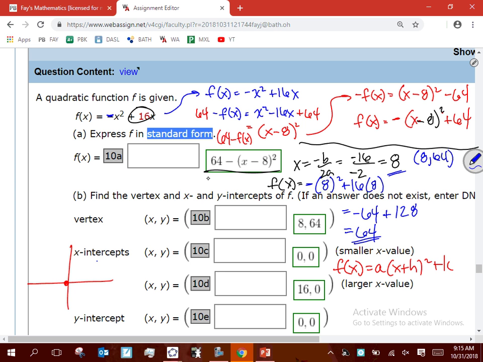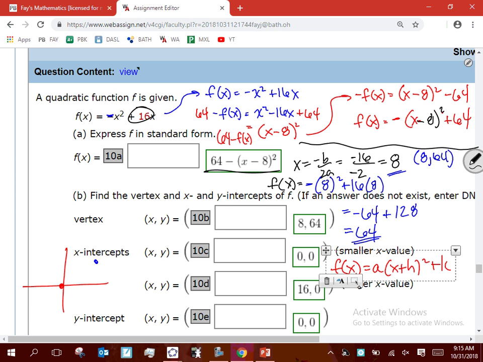8, 64 is a corresponding point for my parent function that gets moved over 8 units and then up 64 units, correct? So if I move to the right 8, what does that have to be right here? Negative 8. So we have a times (x minus 8) squared. And if I move up 64, it'll be plus 64, right?